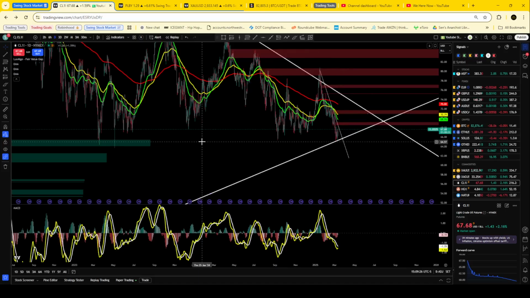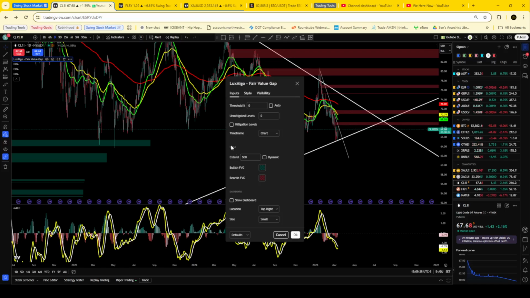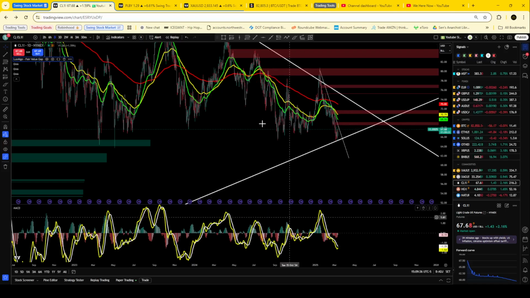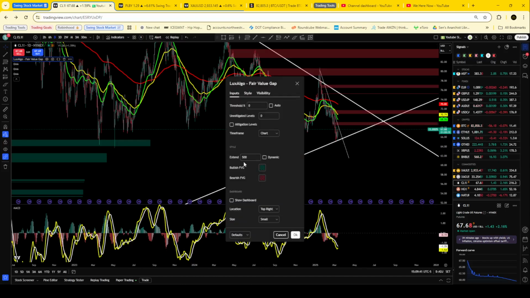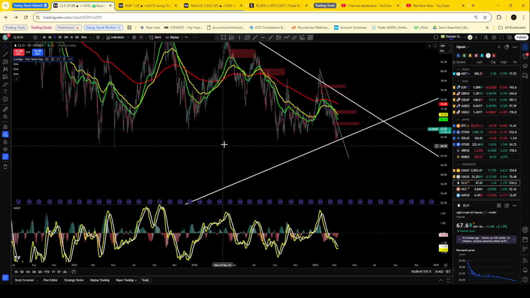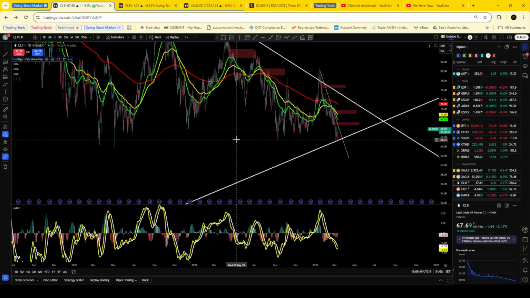And you see, prime example on why I chose the 500 style. Because if I did not, how would I know it's a fair value gap right here?